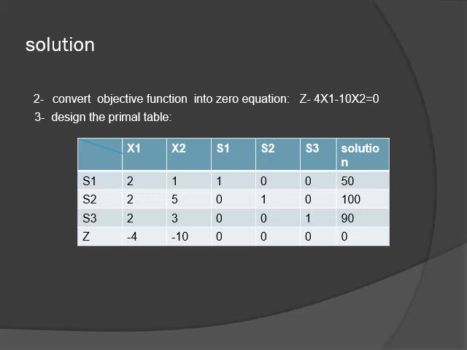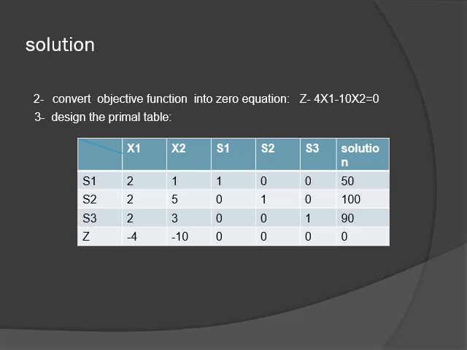Now if we return back to the standard form, 2 is the coefficient of x1 in the first constraint. 1 is the coefficient of x2.